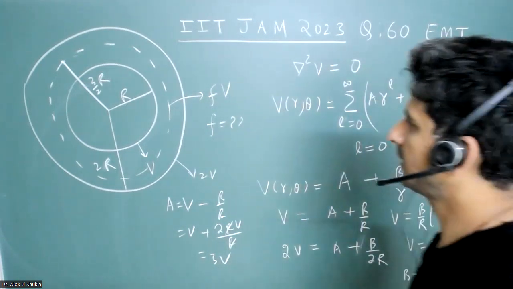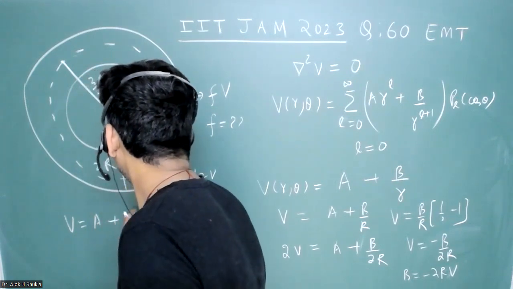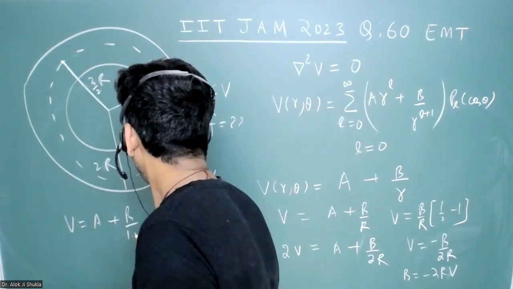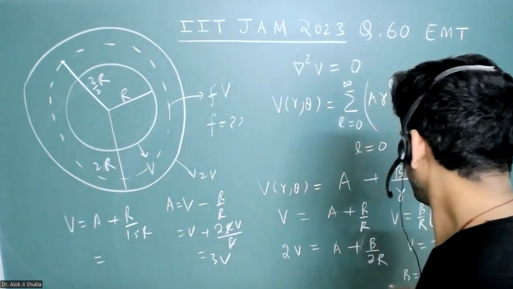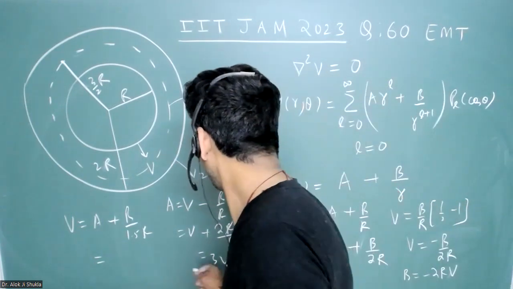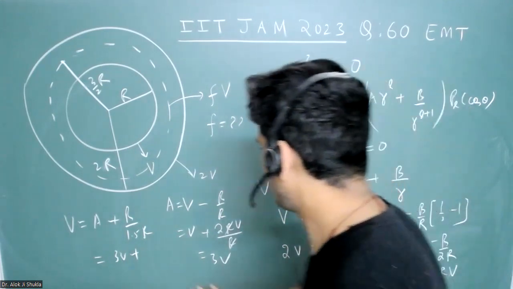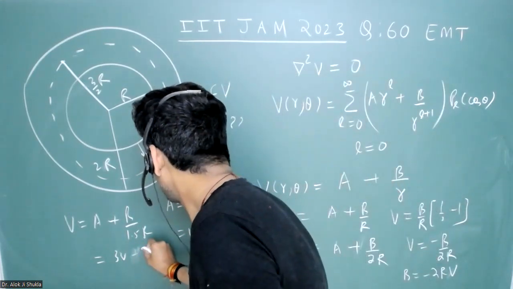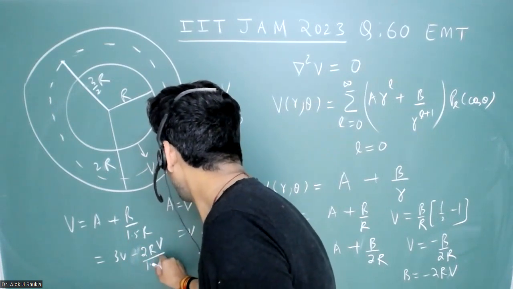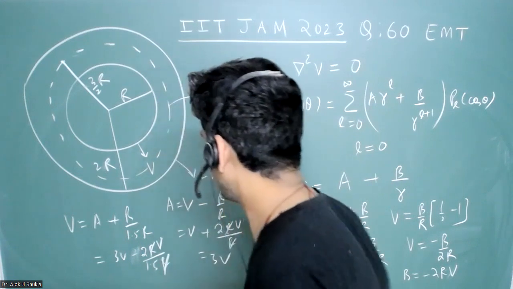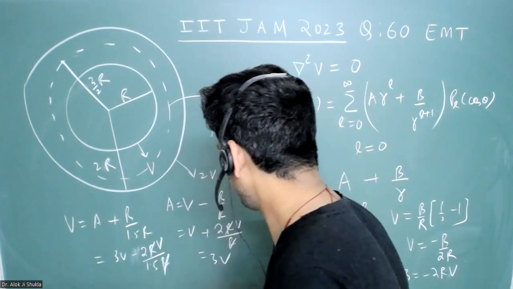Now if you want to write potential at 3 by 2R, it will become V is equal to A plus B by 1.5R. What is A? A is 3V, and B is minus 2RV, so minus 2RV upon 1.5R. R and R got cancelled, and you can solve it now.